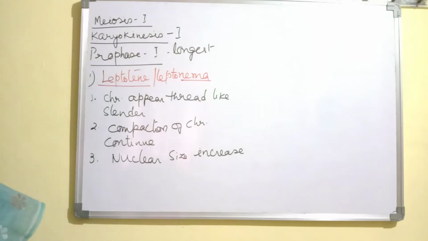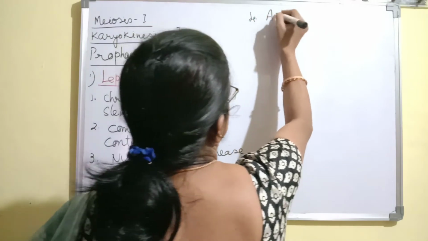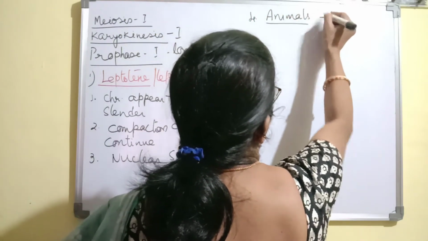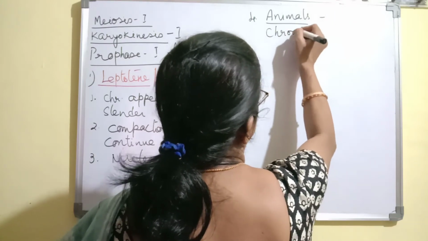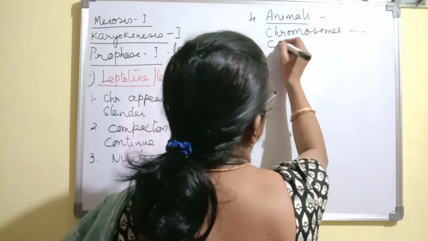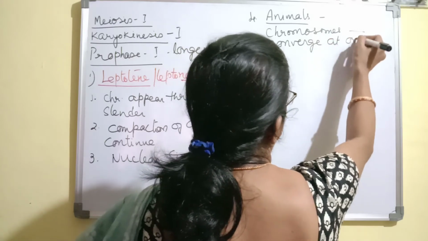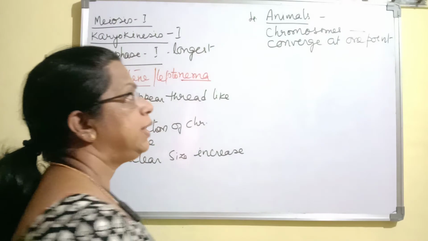And in case of animal cells, we find all the chromosomes converge at one point. This I'll tell you diagrammatically.